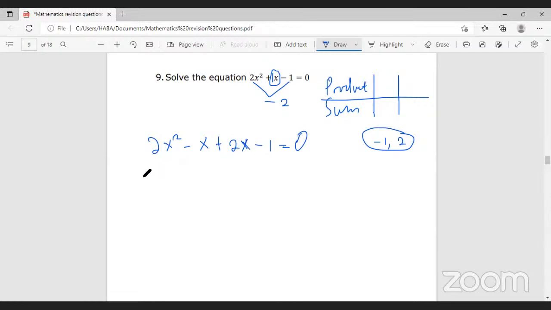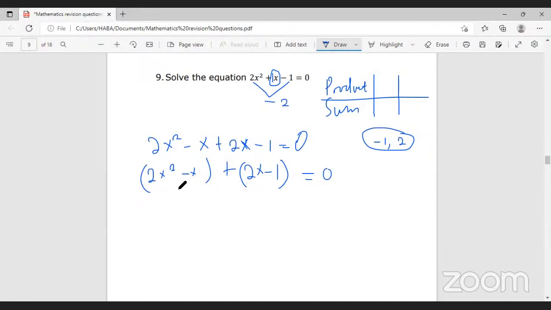Then after this, we are going to group them in 2 pairs so that we have 2x squared minus x, plus 2x minus 1, and we equate this to 0.